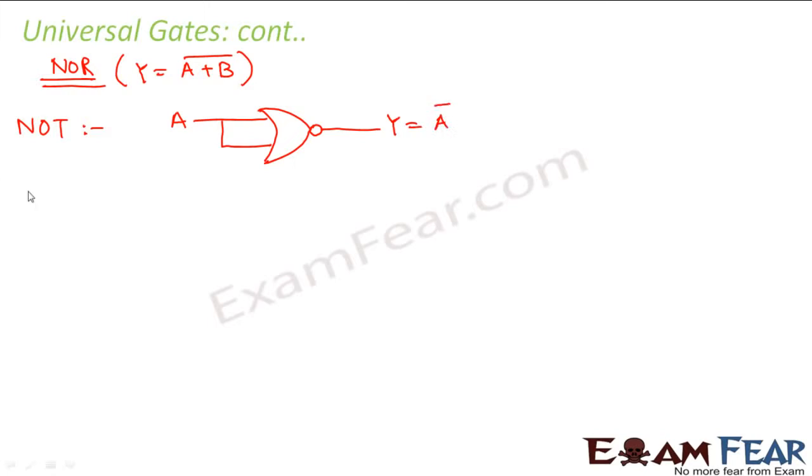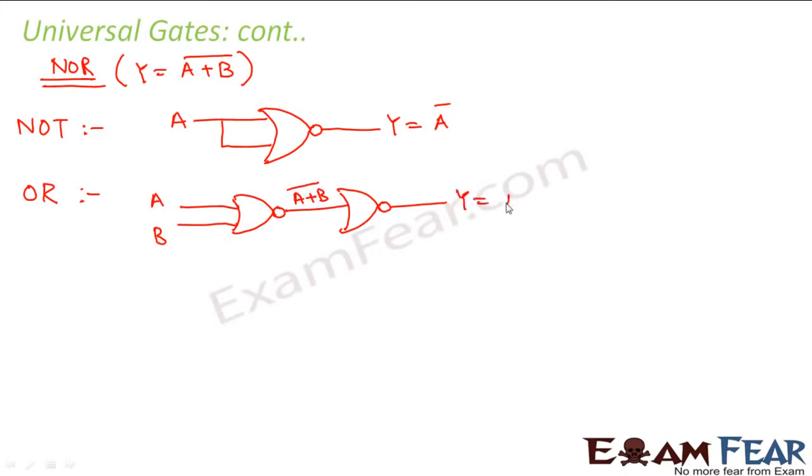That is a NOT gate. Now let us look at the OR gate. Since it is a NOR gate, the output from the NOR gate, when made to pass through another NOR gate, gives you an OR gate. Say this is A, this is B. What will be this output? (A plus B) bar. When it passes through this, you get Y is equal to A plus B.